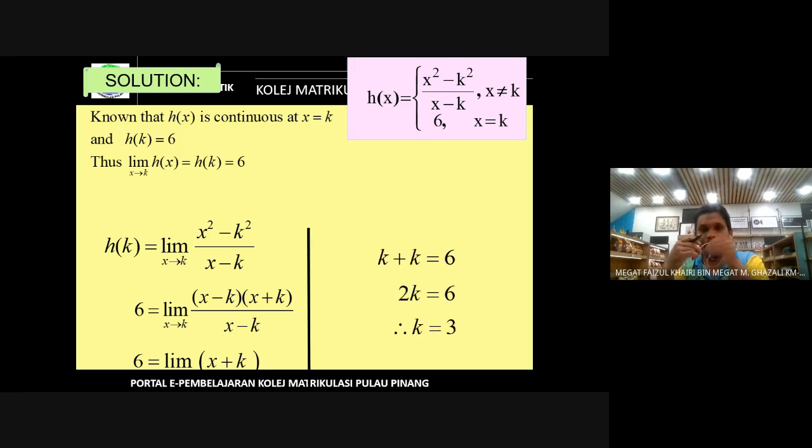Because we simplified x minus k and x plus k divided by x minus k, this one now equals x plus k, and we substitute x with the value of k. K plus k equal to 6, then 2k, k equal to 3.